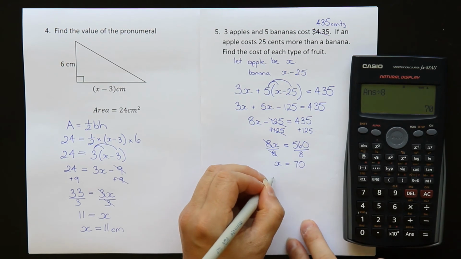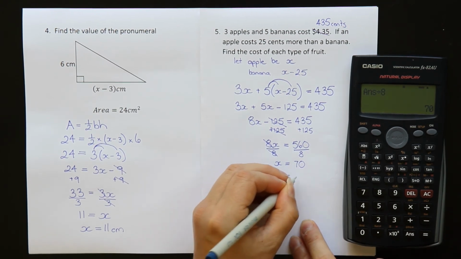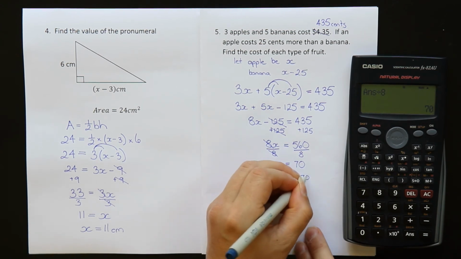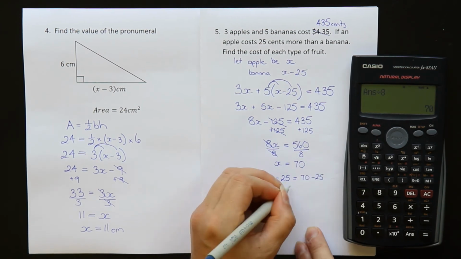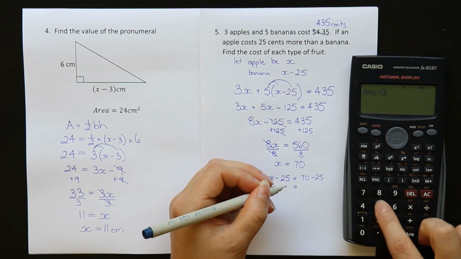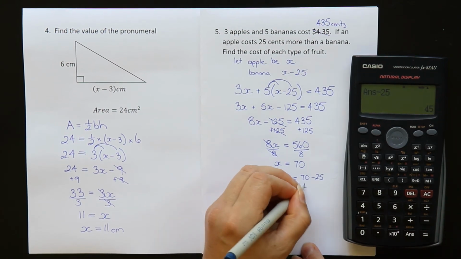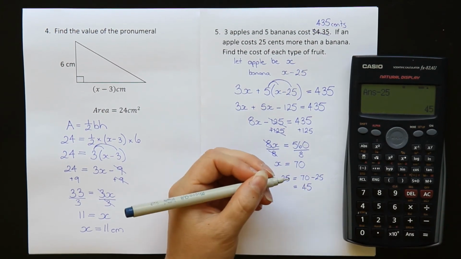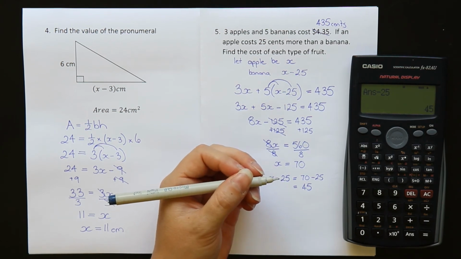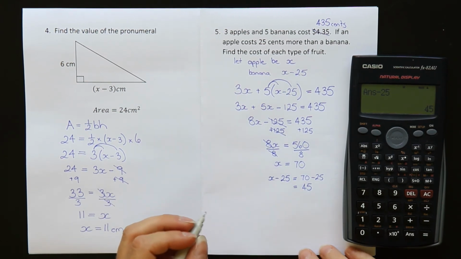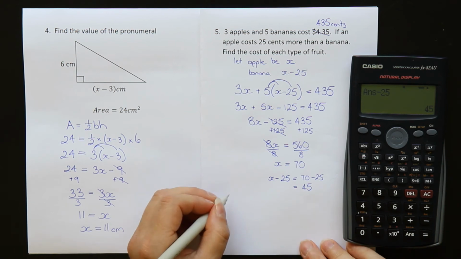How much is a banana going to cost? Well, let's just do x minus 25, which would be 70 minus 25. So a banana would cost 45 cents. So let's write our little conclusion, our wordy answer.